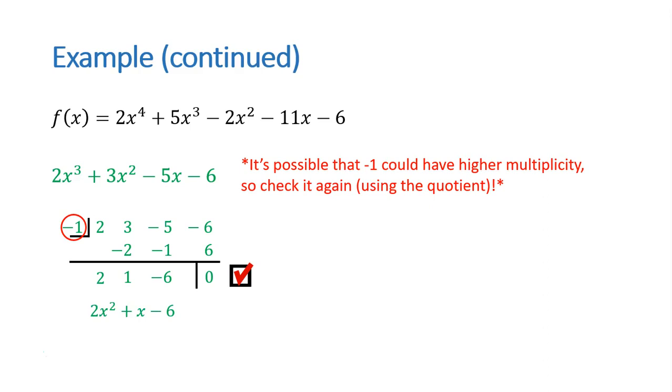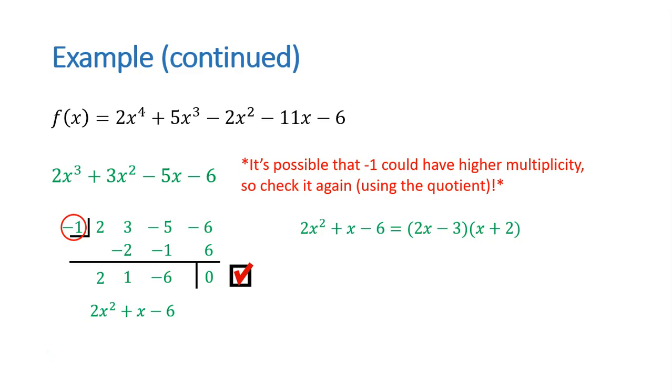Once our quotient is quadratic, we stop our synthetic division and we just continue the problem using either factoring or the quadratic formula. So it turns out this particular quadratic actually factors. You can certainly use the quadratic formula, but you don't have to here. So our factorization is 2x minus 3 times x plus 2.